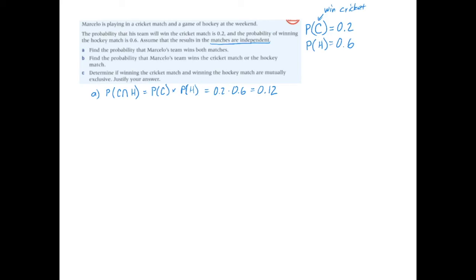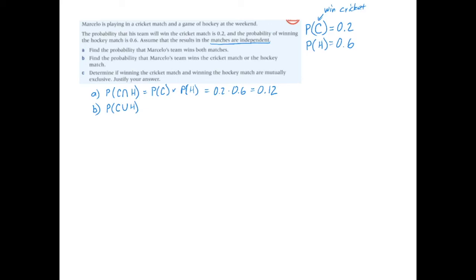All right. The next question is, find the probability that Marcello's team wins the cricket match or the hockey match. So this would be P of cricket or hockey. Now remember, in mathematics, or means that it could be they win the cricket, or they win the hockey, or they win both of them.